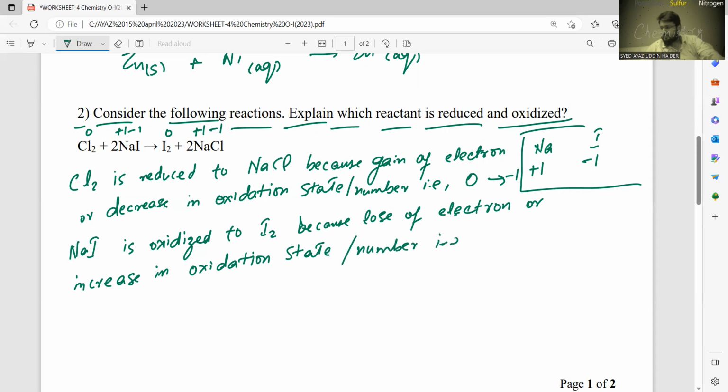That is, initially the number was -1 and now it's changed to 0. So oxidation state has increased.